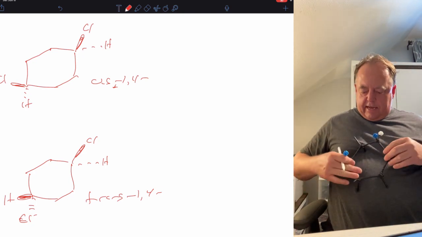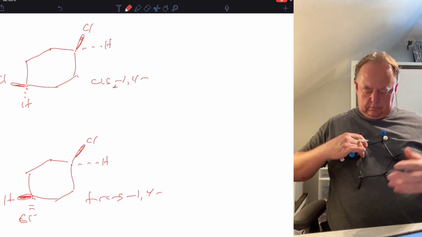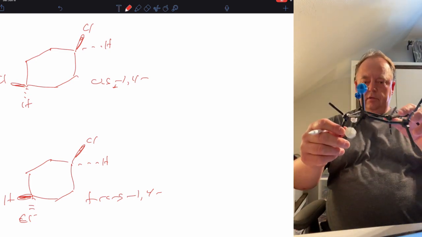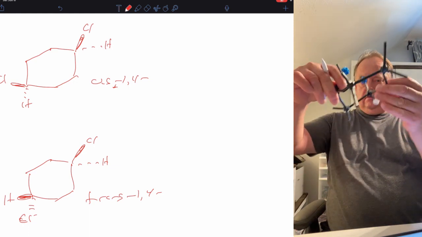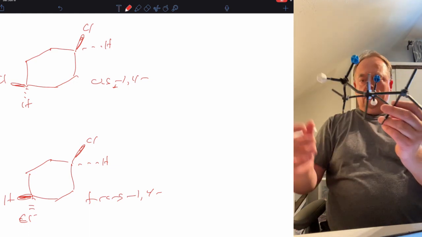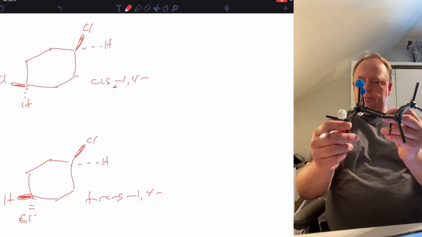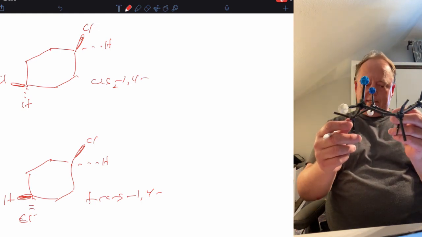And I make it flat. So now it's flat, so everything's eclipsed. And then I put it into a chair. Then you can see that both the blue atoms are vertical, so both axial.